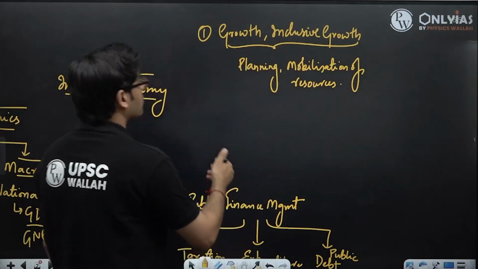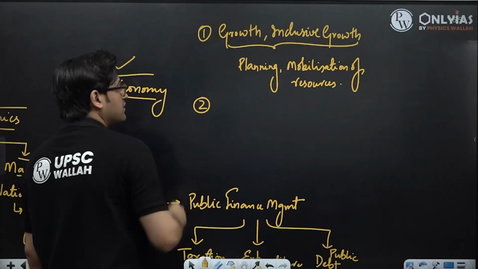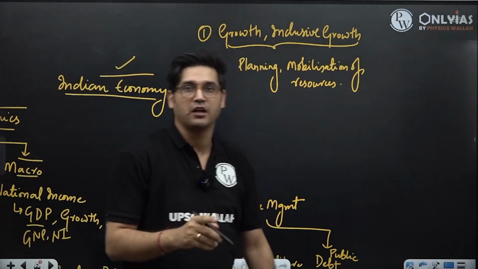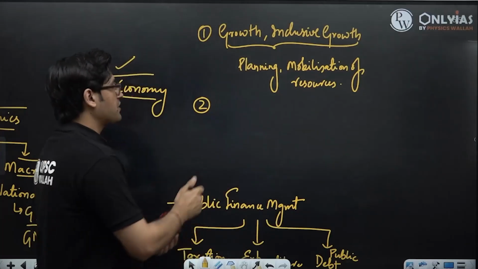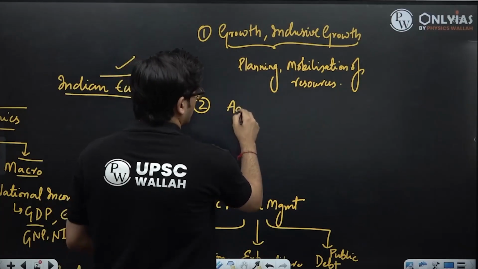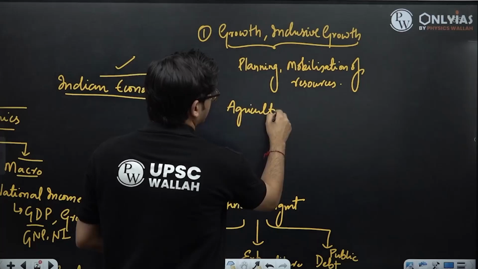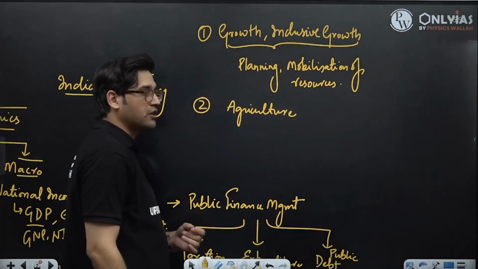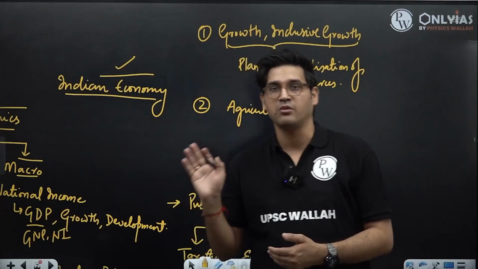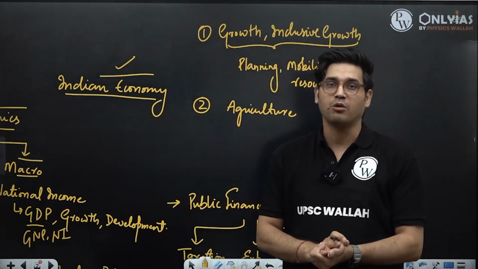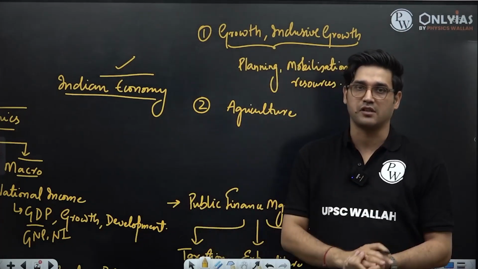Following growth and inclusive growth, we will have to take up the most important aspect of the Indian economy, especially from the mains point of view, which is agriculture in India. Each year you will find 3 to 4 questions in your mains examination directly coming from agriculture, which is a subtopic as has been mentioned in your syllabus itself.